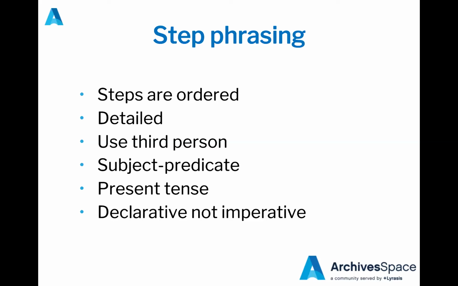Writing all steps in third person is also a good idea. If first person and third person steps mix, scenarios can become confusing. We generally prefer to write steps as a subject-predicate action phrase, which can use passive and active voice.